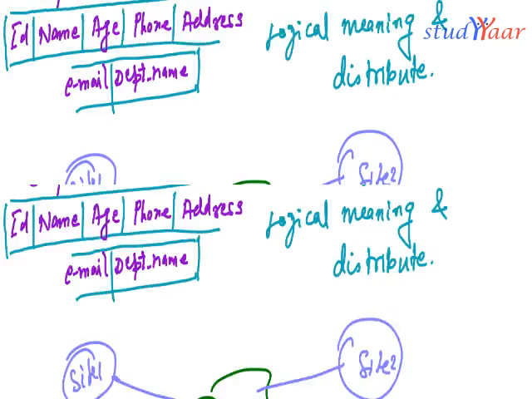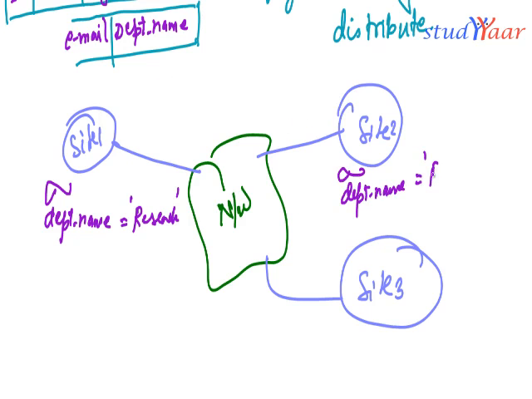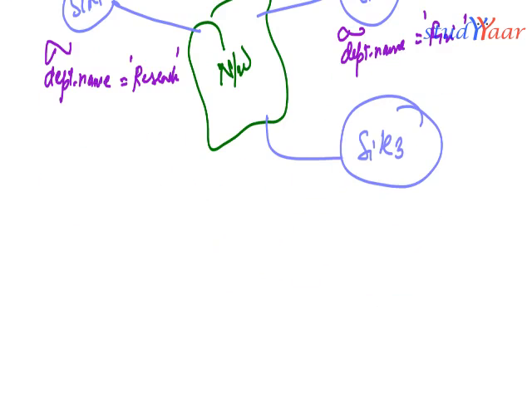Okay, so at site 1 I am going to store the employee table where department name is equal to research. So all tuples or all employees which are in the research department, the records of those employees are going to be stored at site 1. Similarly, here I can say department name is equal to, let's suppose, finance, and at site 3 I am going to store department name is equal to operations.